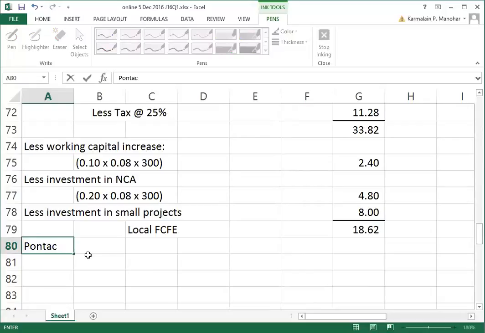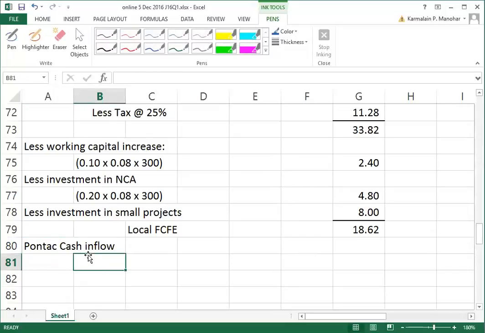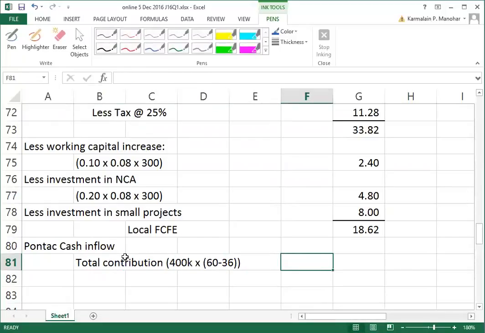Cash. Cash inflow. Total contribution. I could probably use a different column here. 400K times 60 minus 36, and we get this value of remittances. 9.6 million, good.